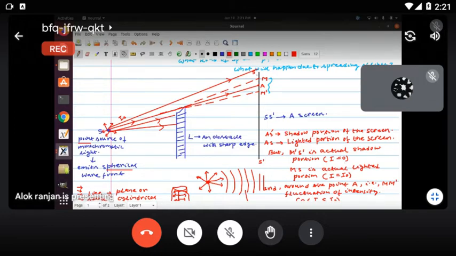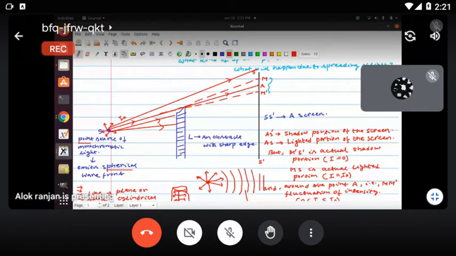But if someone observes carefully, the intensity 0 will start from M prime to S prime, not from A downward. So for M prime to S prime, the intensity will be 0.